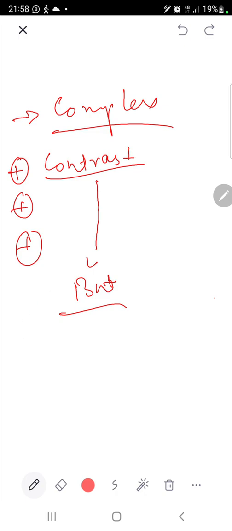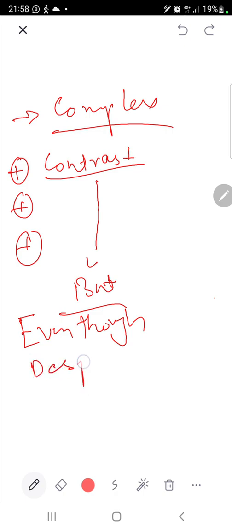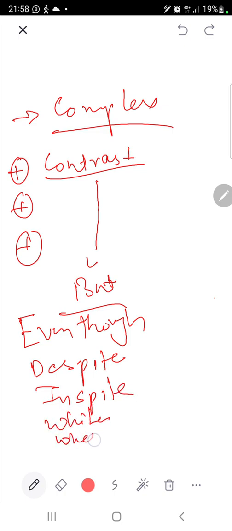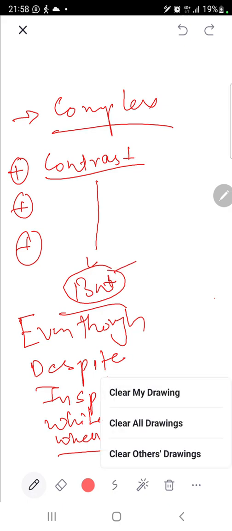For example, as we mentioned with although, we can also use other words like even though, despite, in spite of, while, whereas, and so on. So we must use the clause of contrast rather than repeating but. But is informal, not wrong. You can use it, but it's informal.